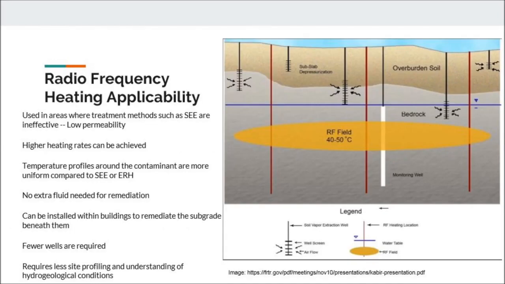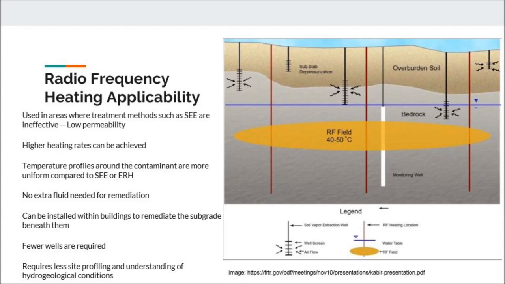The last specific thermal remediation method that we're going to talk about today with its applications is radio frequency heating. Radio frequency heating is usually used on sites where steam-enhanced extraction is ineffective due to the geological conditions, such as low permeability of the subsurface.